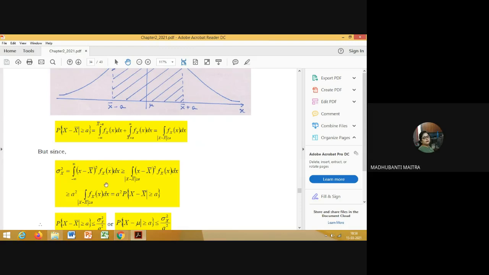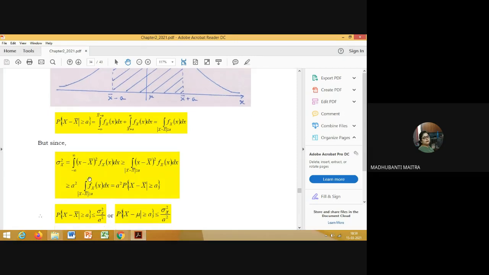So this area will always be greater than or at best equal to the area given by x minus x bar square fx dx, where the limit is varying within this. Here the limits are from minus infinity to plus infinity. Here the limits are greater than minus infinity and less than plus infinity. Hence, this area will always be less than this area. Sorry, this area will always be greater than this area.